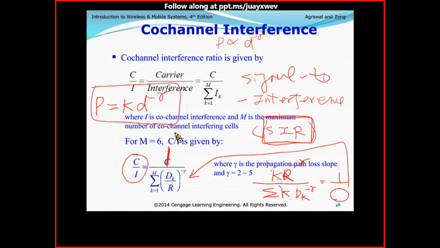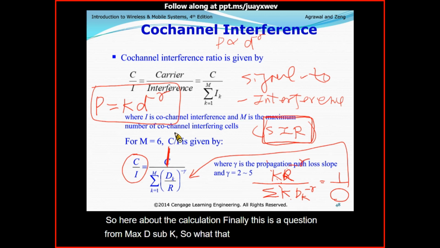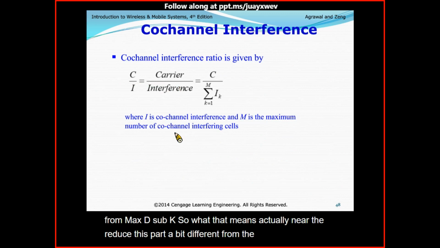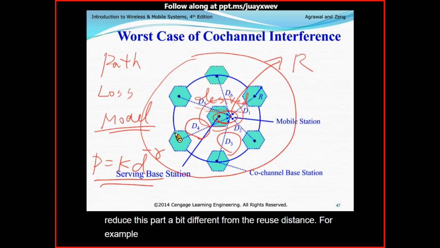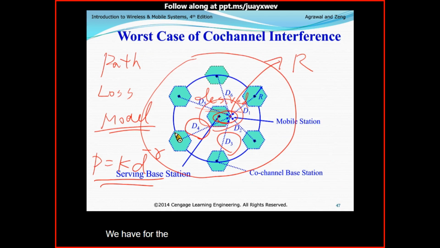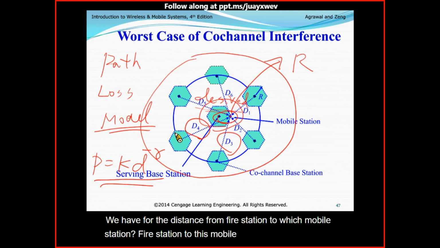So here about the calculation, finally, this is a question from math. D sub K. So what it means actually is near the reduced distance, but a bit different from the reduced distance. For example, this one, we have the distance from base station to this mobile station, and from different base stations to that mobile station.